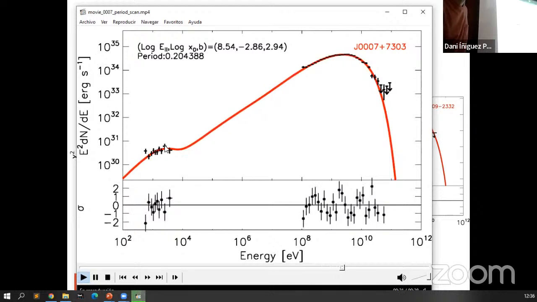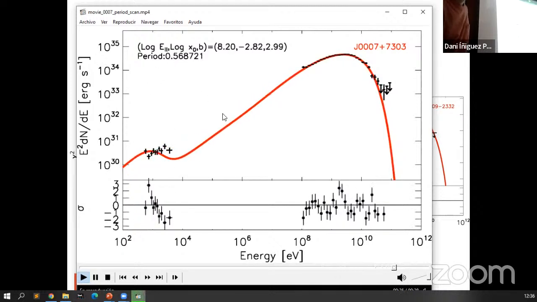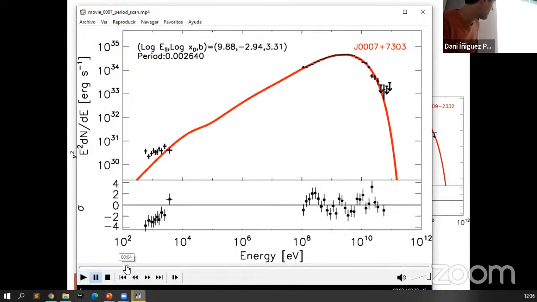So here the fit is quite good because we are approaching the real period. Notice that in this movie, for all the periods, the X-ray band was well fitted. So what breaks the degeneracy is adding this X-ray data.